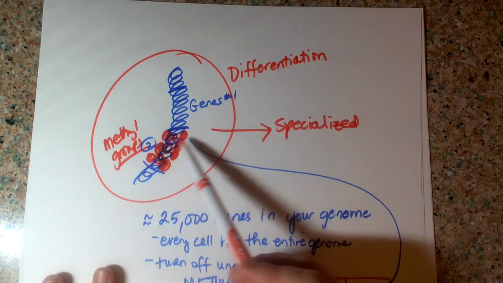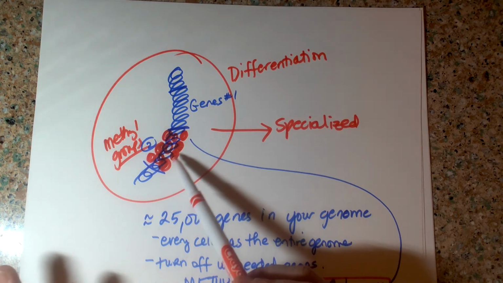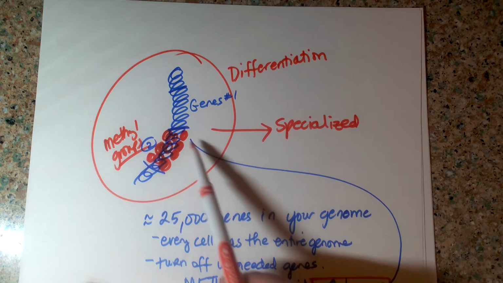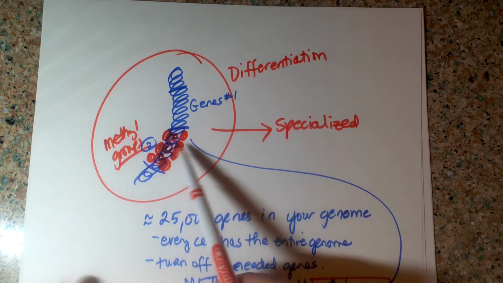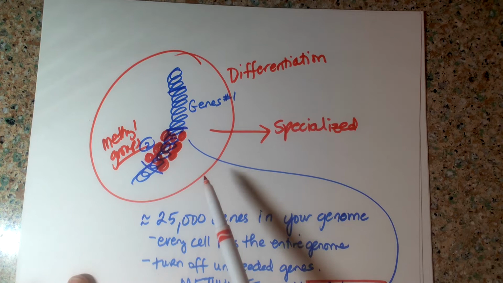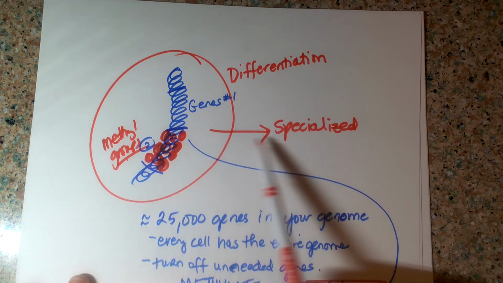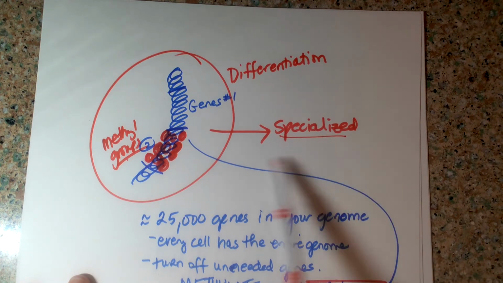Maybe this gene is something that the liver cell needs, so the liver cell would keep this one unmethylated, but the skin cell locks it up because it's not necessary. So by methylating the unnecessary genes, the cell becomes specialized and it cannot go backwards.